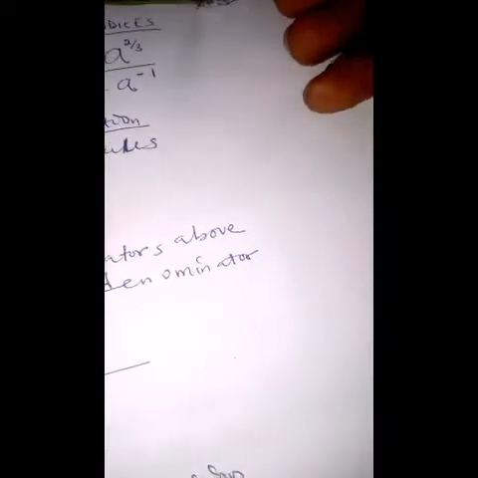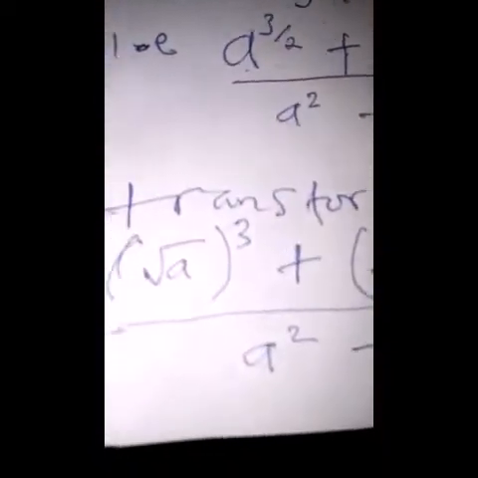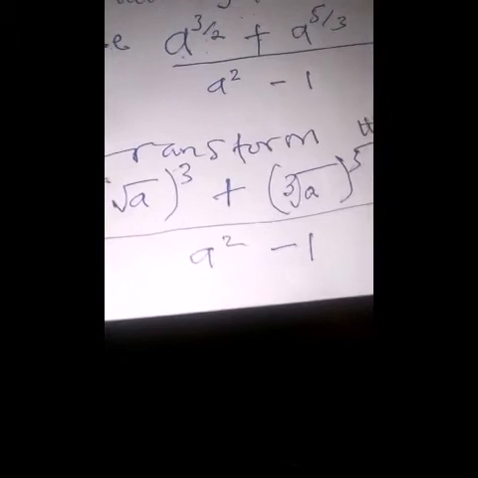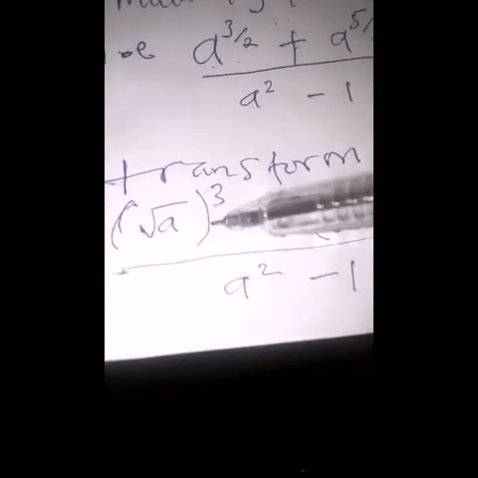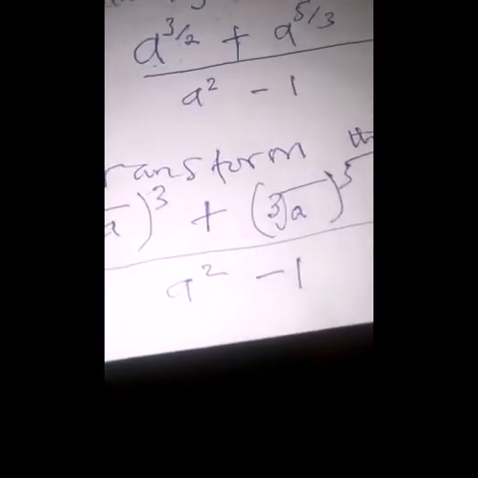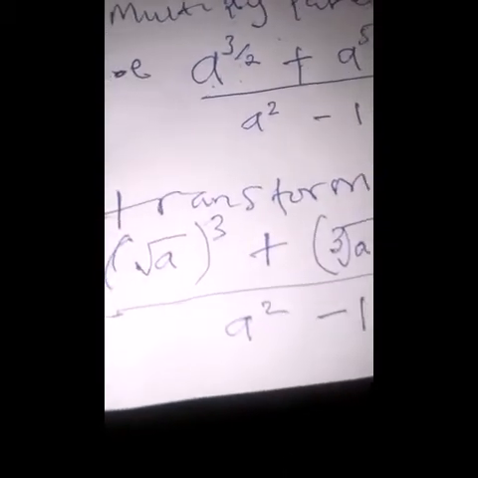Now we're still looking at the transformation. Remember, where we have this, you have root of a all raised to the power 3 plus cube root of a raised to the power 5 over a square minus 1. Now we're trying to transform this.